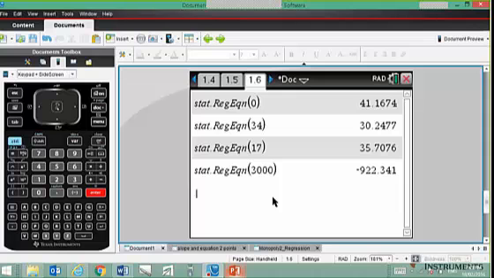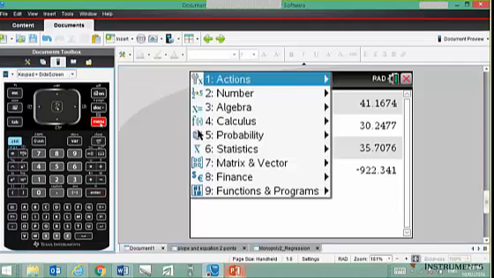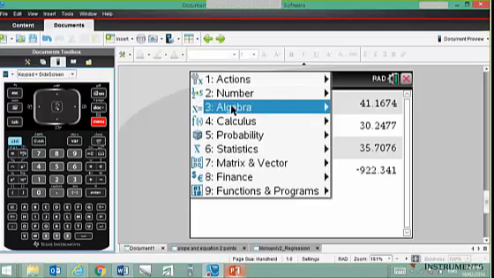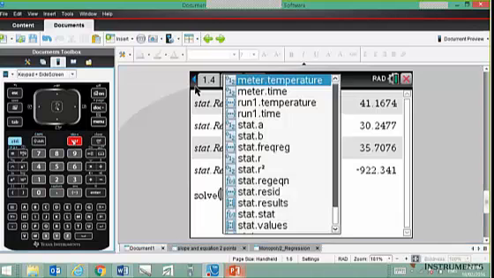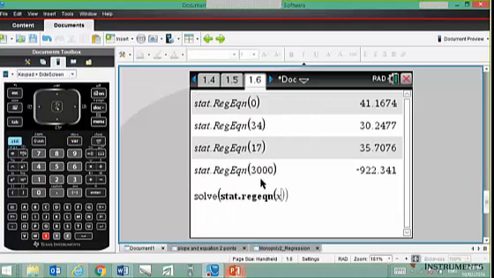I can also do interesting things, like exactly when did the thing freeze according to that model. So I can solve the statistical regression equation for x equaling 0. This will tell me when the thing got too cold.